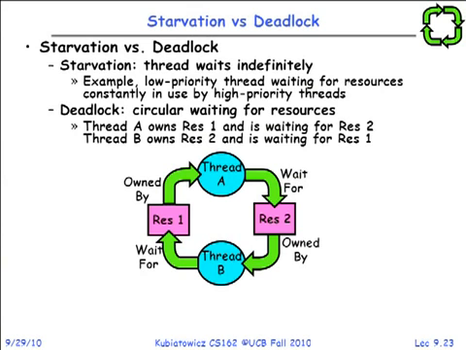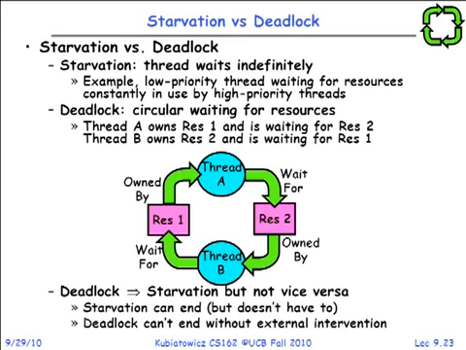So, deadlock is a type of starvation, not vice versa. Starvation can actually end. There's nothing that says that if you've got a starved situation, things won't change and eventually you make progress. Deadlock can't end because basically we need external intervention to fix this. Everybody see that? Because what do I mean by wait for?